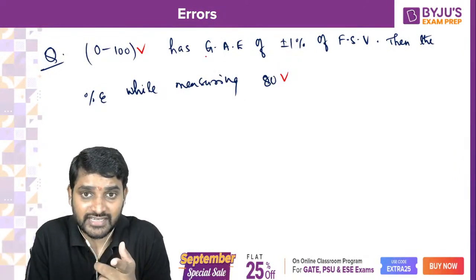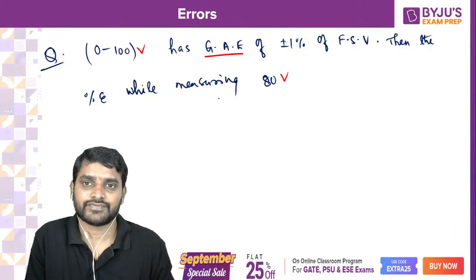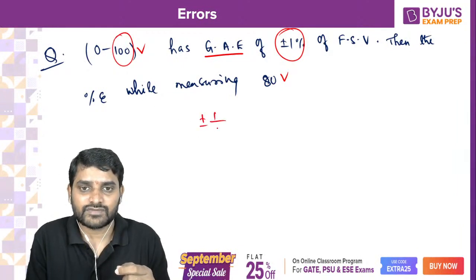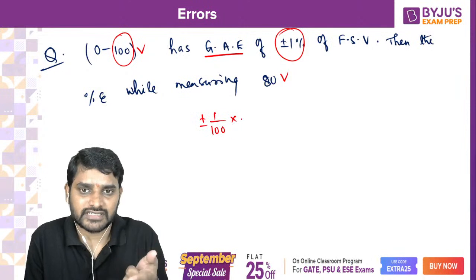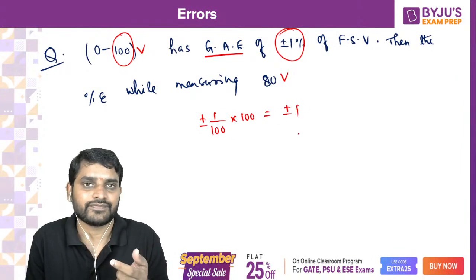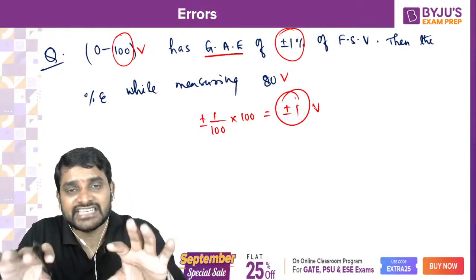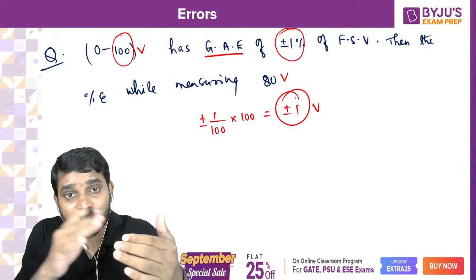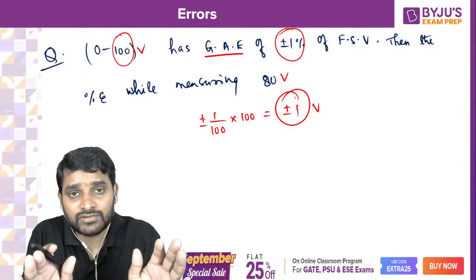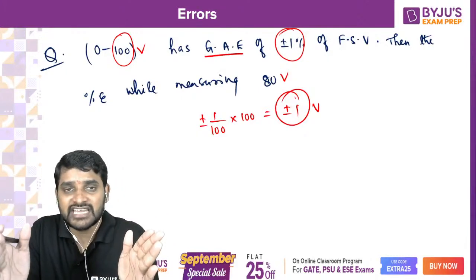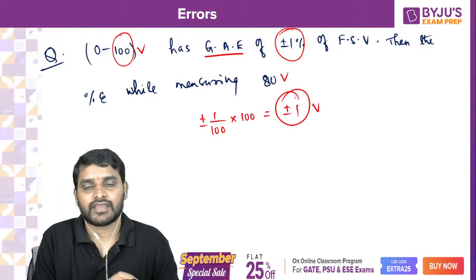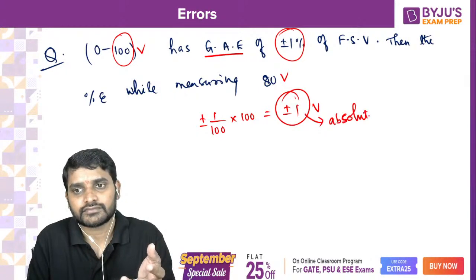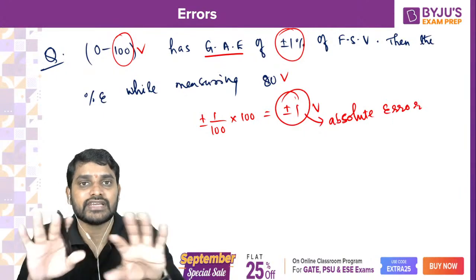That is why he said it is guaranteed, definitely there will be an error. So 1% of full scale value is this 100. Plus or minus 1% of full scale is 1% into 100, so you are going to get plus or minus 1. So this plus or minus 1 volt deviation will definitely be there. Whether you apply 10 volts, 20 volts, 25, doesn't matter. If you apply 10 volts, 10 plus or minus 1, the reading will not be exactly 10 volts. It can be from 9 to 11, any value. So this is an absolute error that you are definitely going to get.